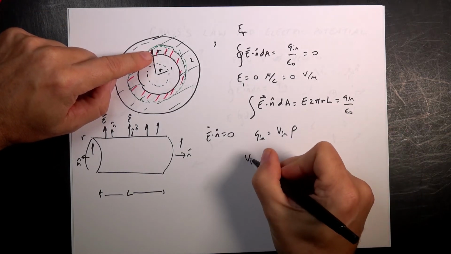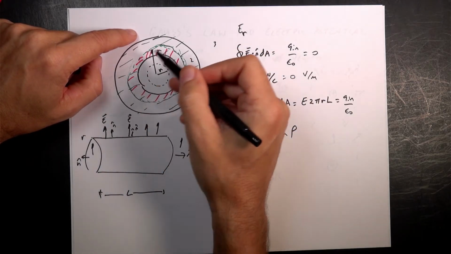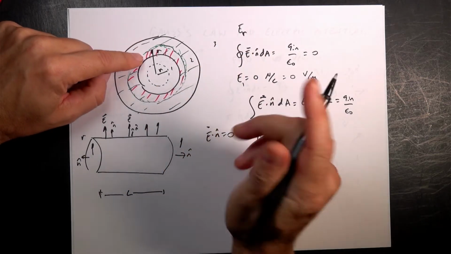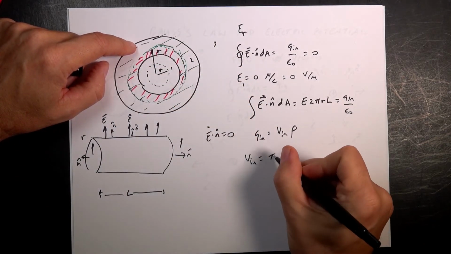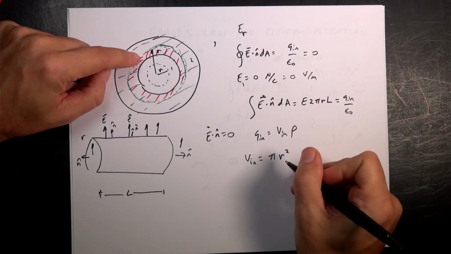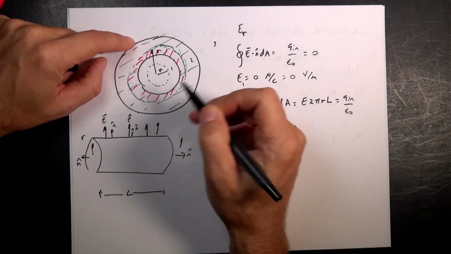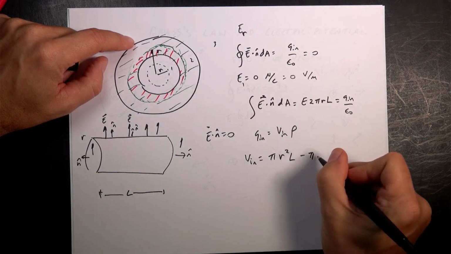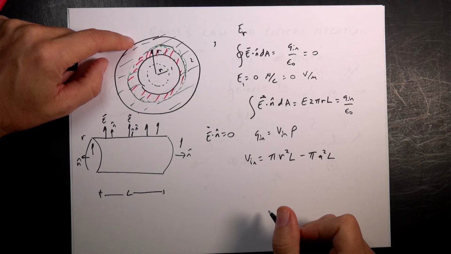Well, Vn is going to be equal to the volume of this cylinder, the whole thing. I'm dealing with volume, not area now. So the volume of that is going to be the area of the end cap, which is pi r squared, times the length. And then I have to subtract out this whole, right? So I'm going to say minus pi a squared L. That's my volume.